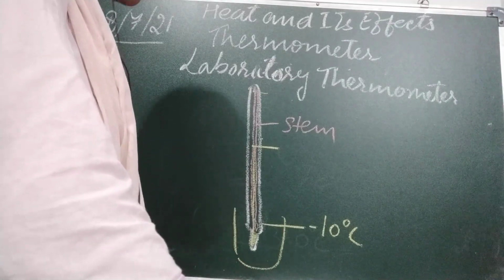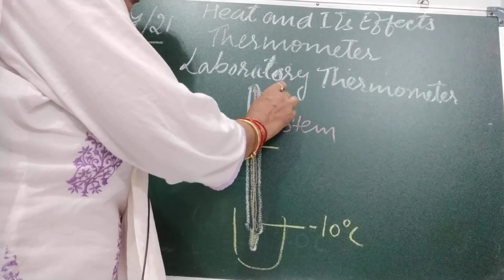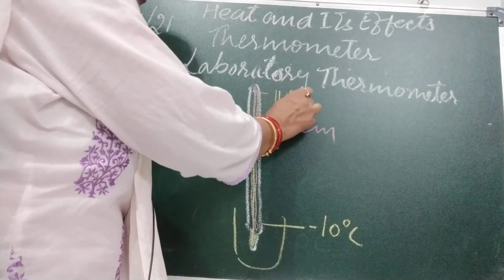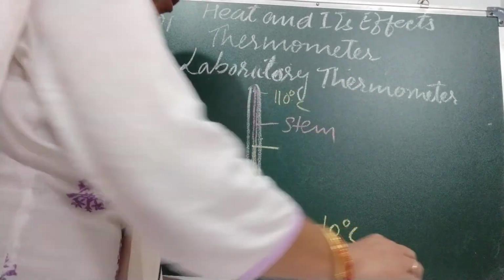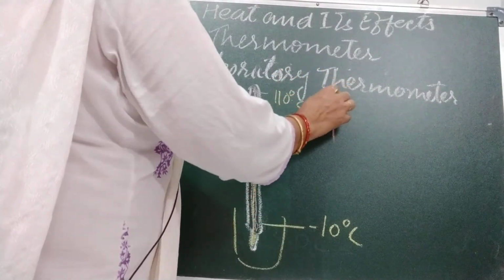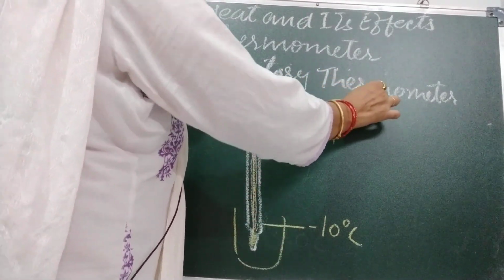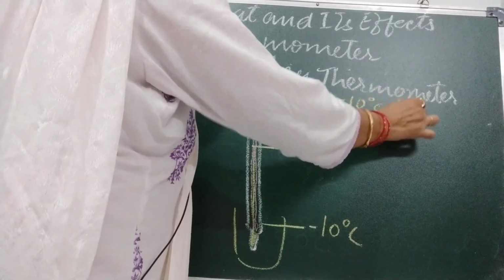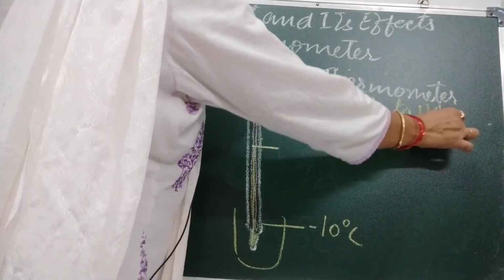So the range of this is -10 to 110 degrees Celsius. Okay, so the range of the laboratory thermometer is -10 degrees Celsius to 110 degrees Celsius.